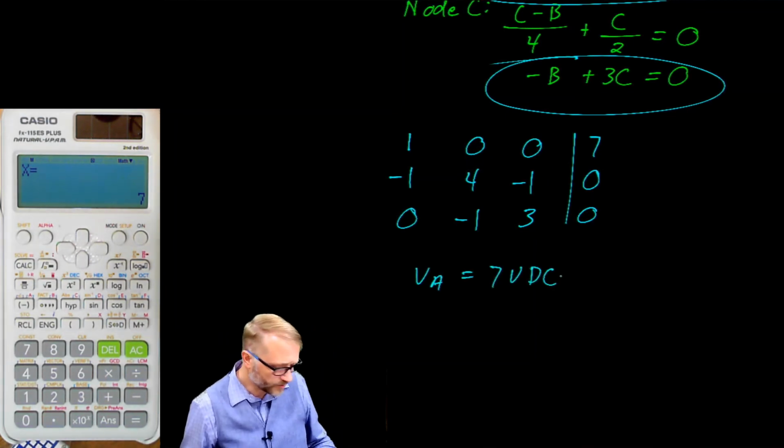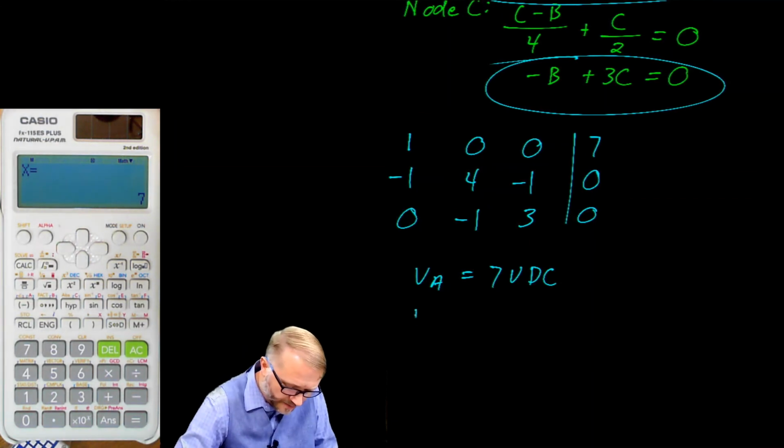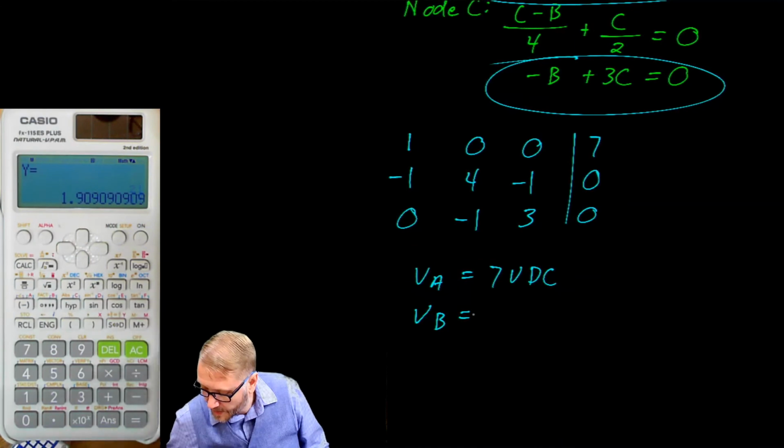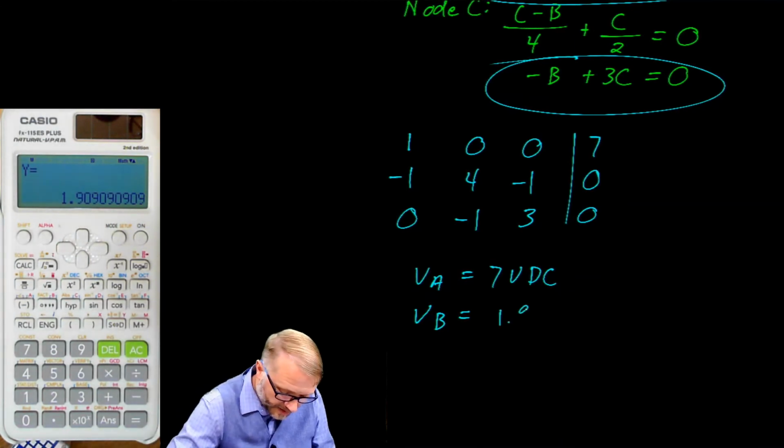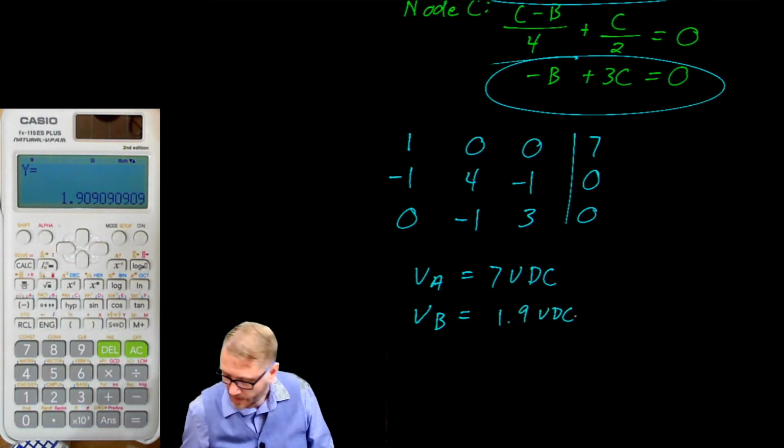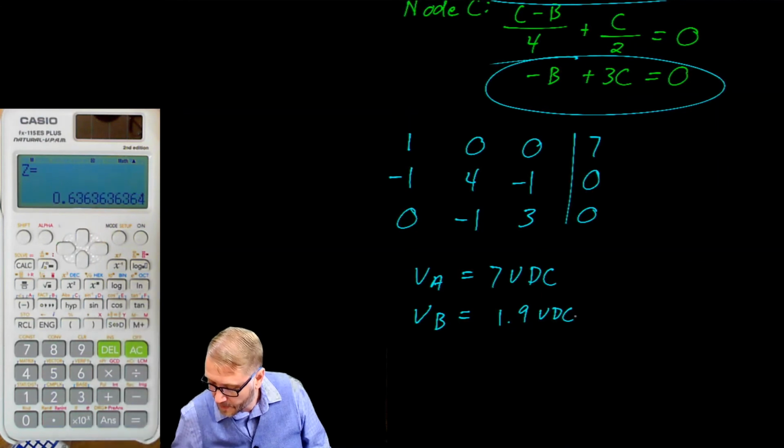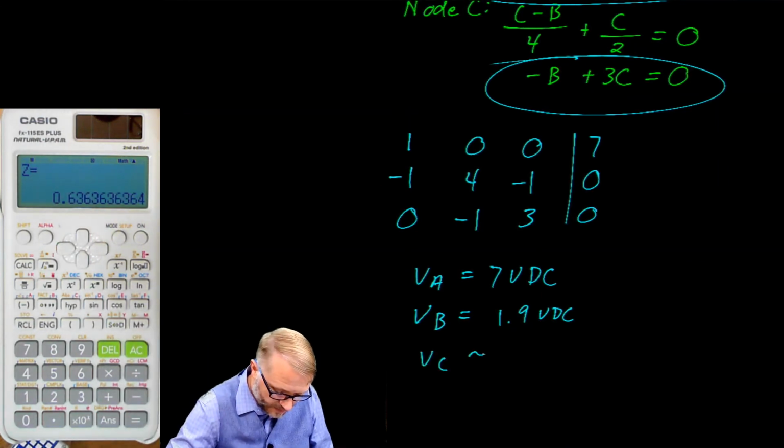We kind of already knew that, didn't we? So that's a good sign, though. Voltage B, that would be the next one, is 1.9 volts DC. And voltage C is approximately 640 millivolts DC.